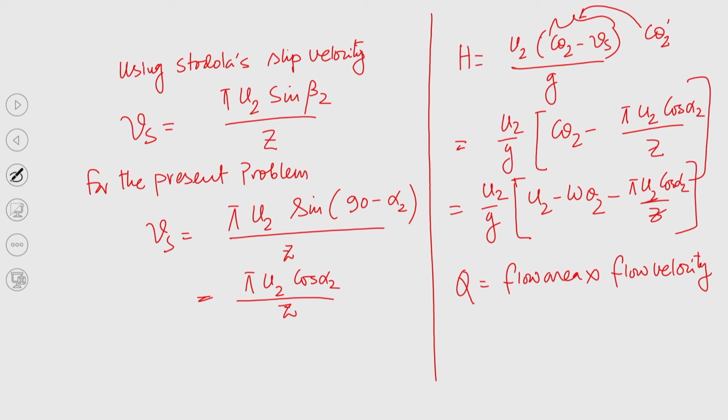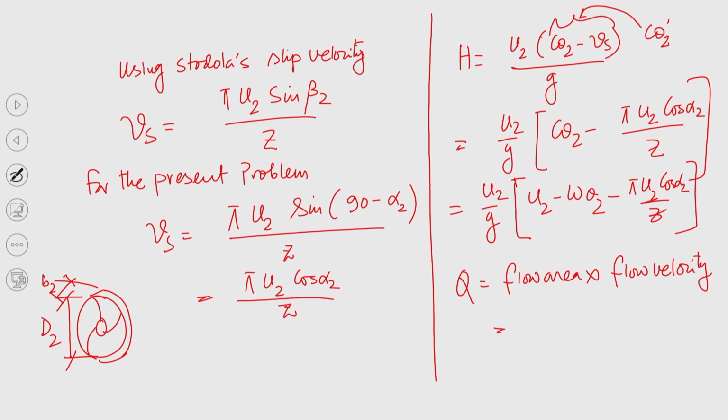If we try to draw the impeller, you can understand this is D2 and this is B2.